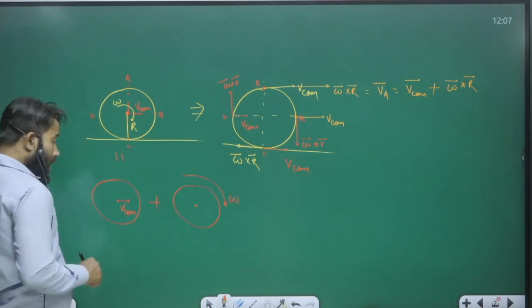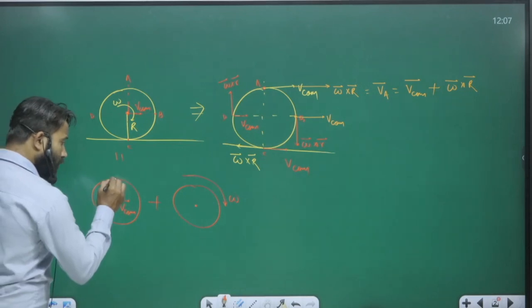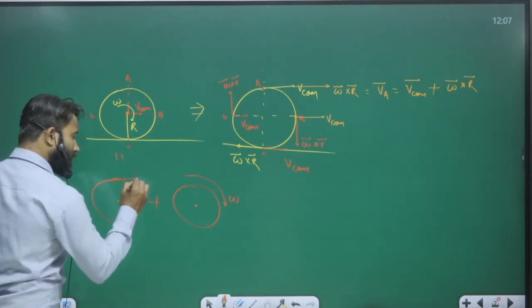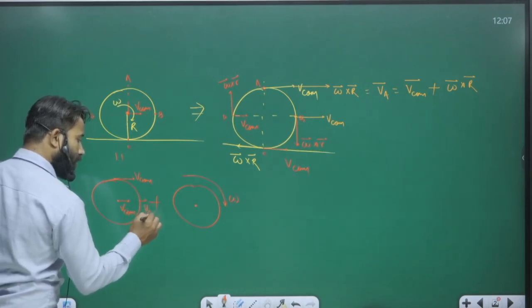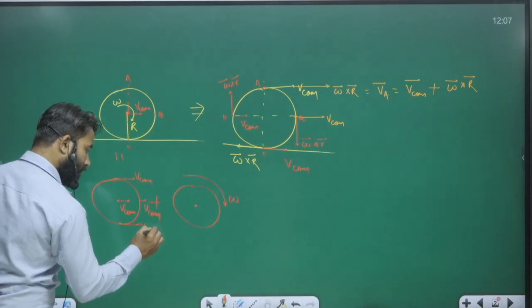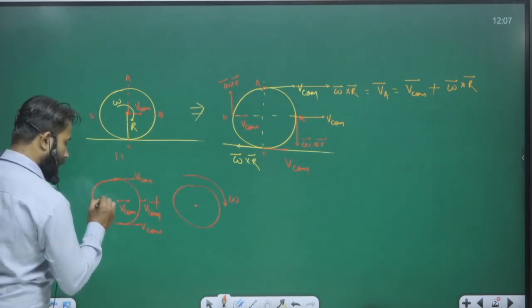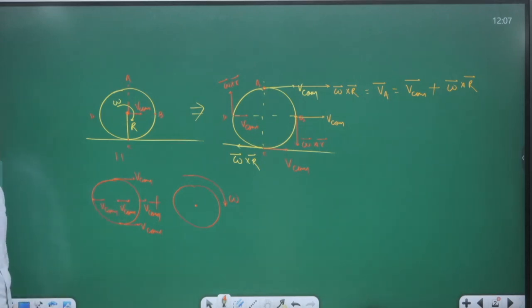Okay. Now, if you have drawn like this, due to the velocity of center of mass, all the points will have velocity in this direction v com, and this point will have again a velocity v com in the forward direction.